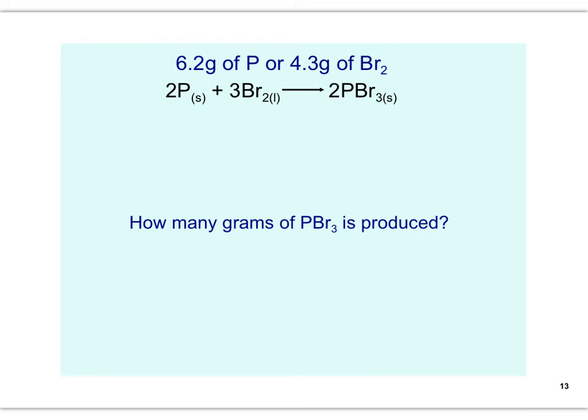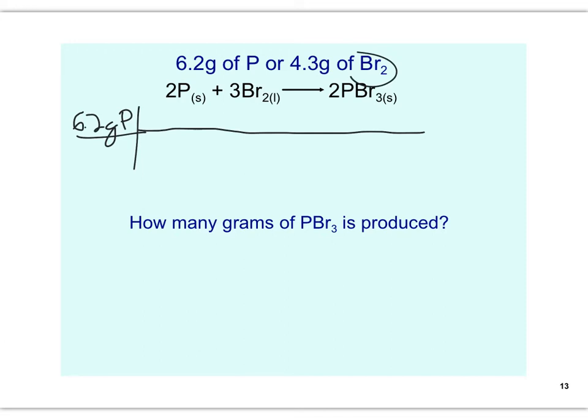All right, just more chemistry fun here. So in this case, I'm going to take my 6.2 grams of phosphorus. I'm just going to convert that to Br2.